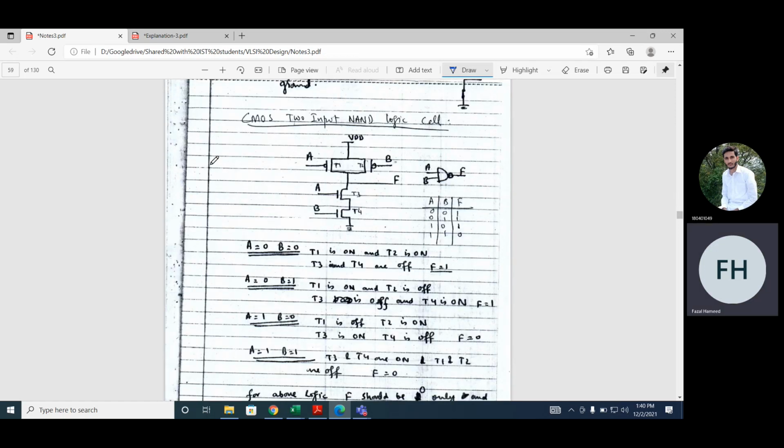Now how can we design a 2-input NAND gate using CMOS logic? In any kind of CMOS logic, when you are designing a circuit, there are two types of networks. At the top, you have VDD.